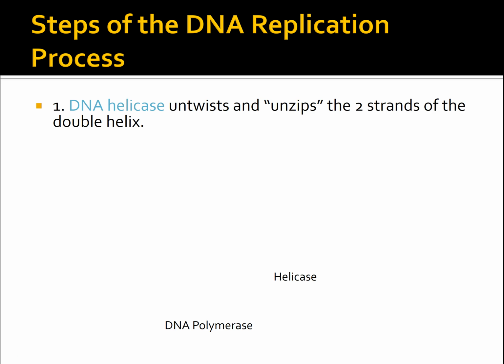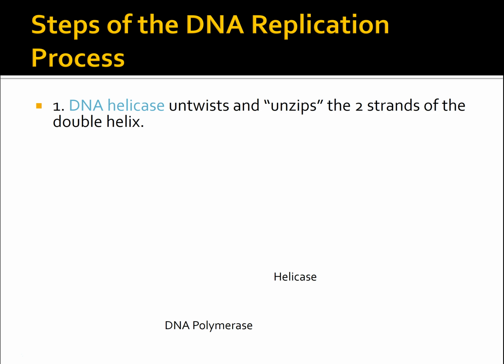Okay, so here are the steps of DNA replication. First, there's an enzyme. There are multiple enzymes involved here, and you can tell it's an enzyme because it ends with ASE. Anytime you see anything that ends with ASE, that is an enzyme. We talked about enzymes earlier in the semester, and we talked about catalase, and this time we're talking about DNA helicase.